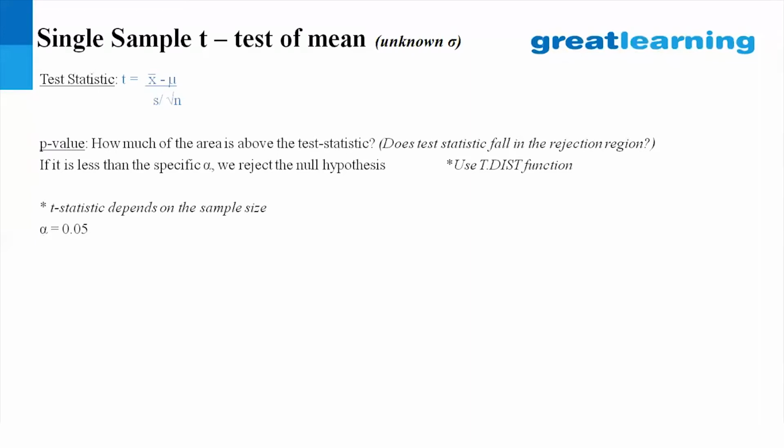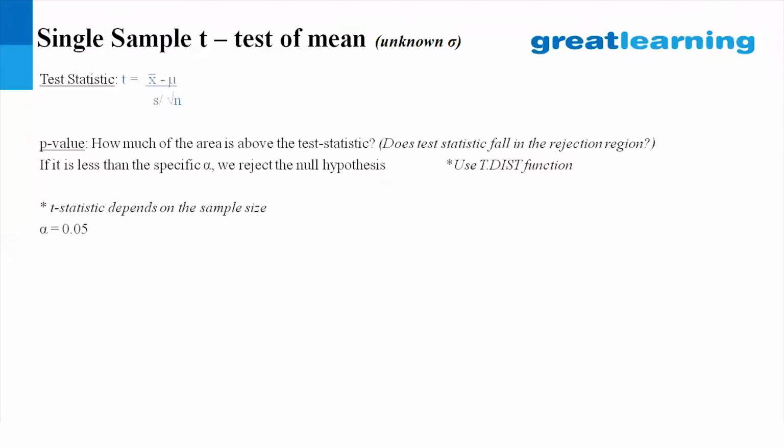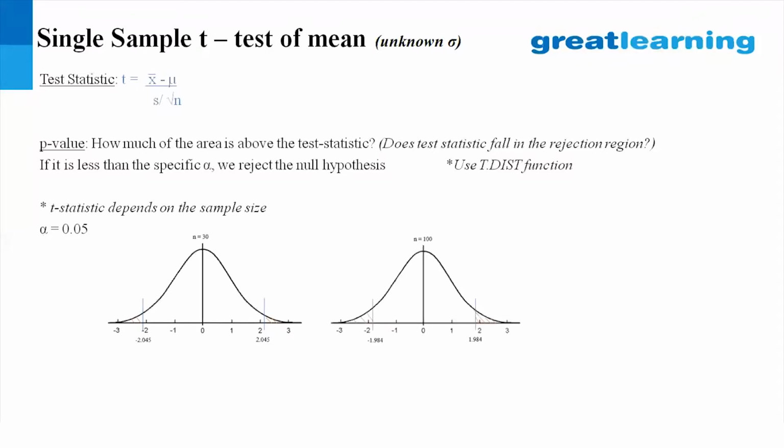So the t statistic, if you see, also depends on the sample size. The z statistic that we were seeing was irrespective of the sample size you take, whether you take a sample size of 30 or you take a sample size of 100, these critical values are not going to change. But that is not the case with the t statistic. It varies with the sample size. So here, for example, I've taken an alpha value of 0.05 constant and I have a sample size of 30. In that case, my critical values are something else.